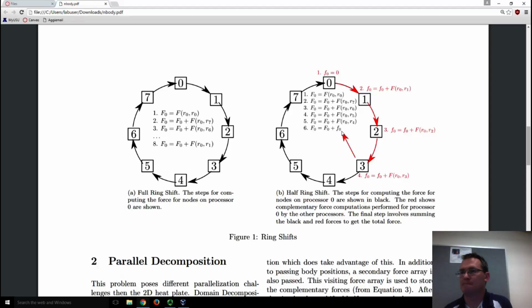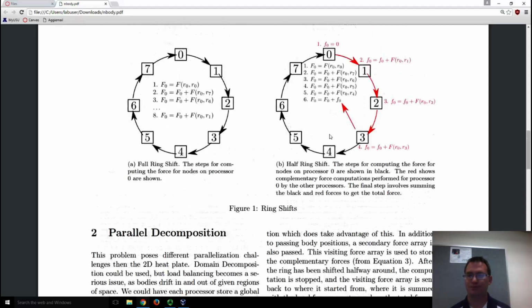Does that make sense? Kind of. So the red is what I'm calling the complementary forces. I don't know if that's the right term or not. Maybe anti-symmetric forces. The particles, the bodies, don't make it all the way around. They only go halfway, at which point all the computation stops because we've now computed everything that we need to.